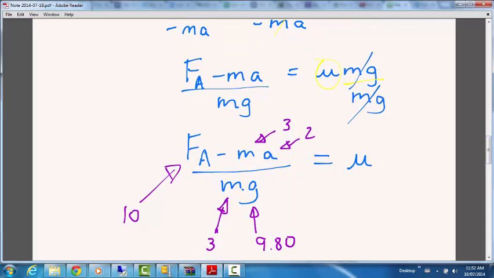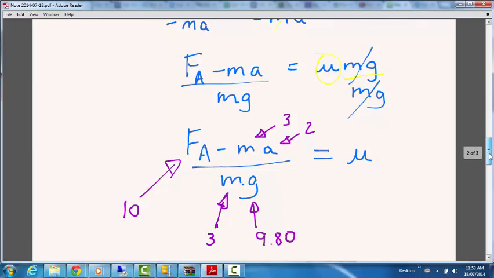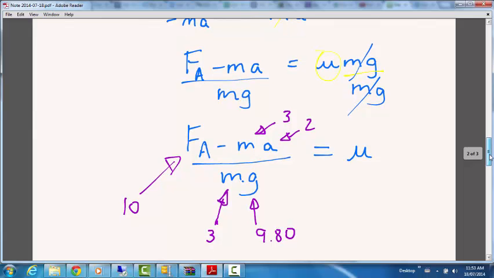I'm going to now fill in the values for each of these. So FA is 10. The mass, let's go back just so we're sure.